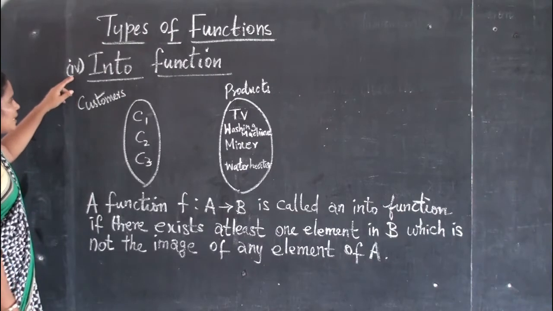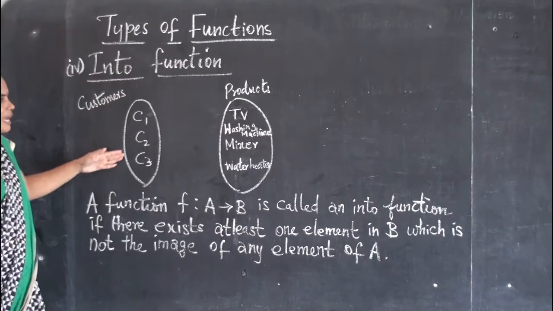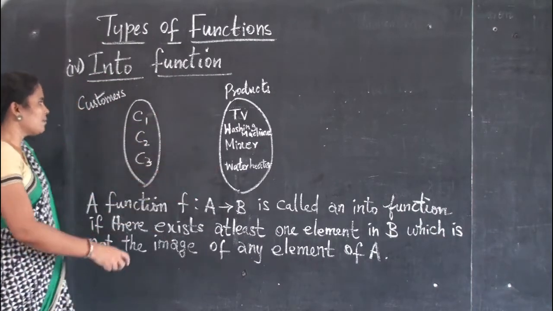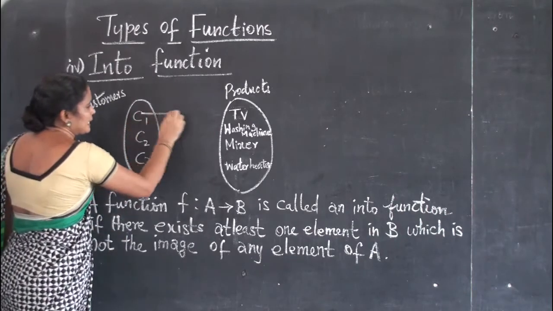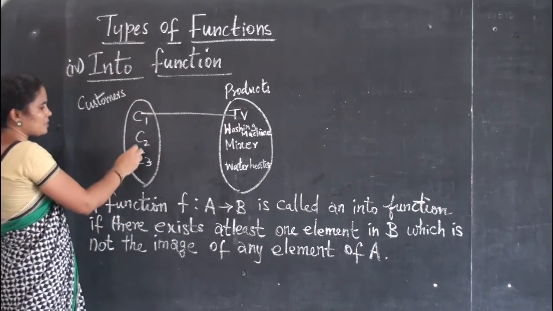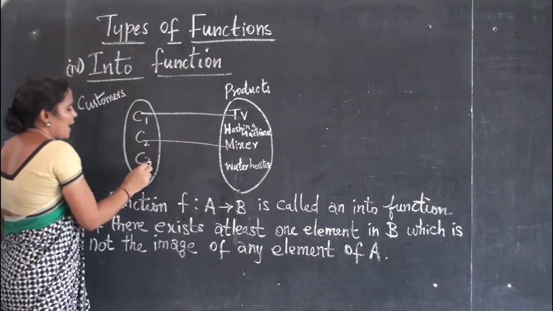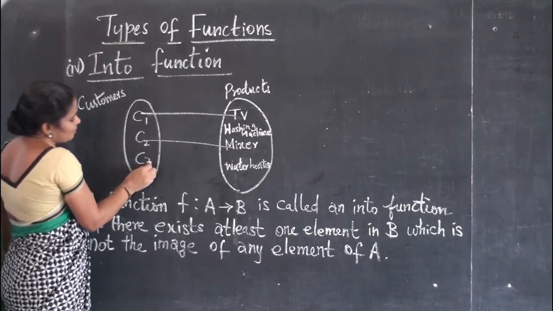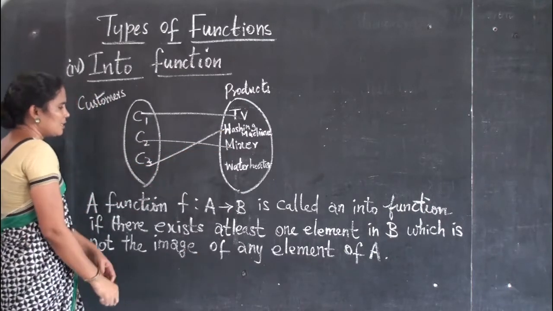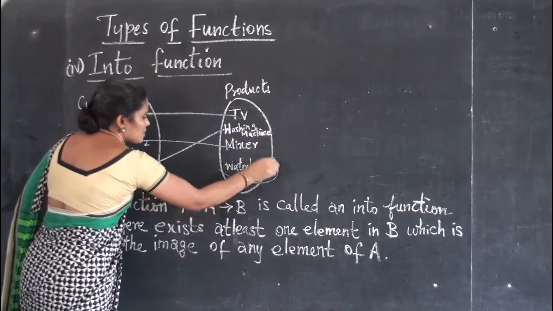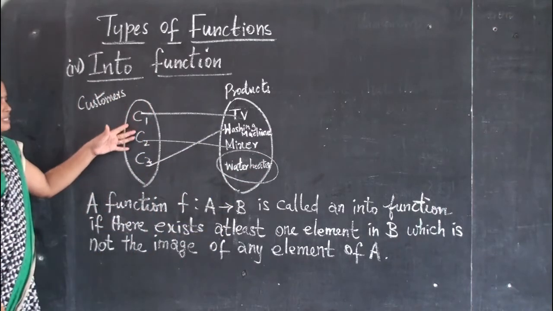Now let us go on with into function. Customers and products are given. Customer 1 prefers to buy a TV, customer 2 prefers to buy a mixie, and customer 3 wishes to buy a washing machine. Here the water heater is not selected by any of the customers.